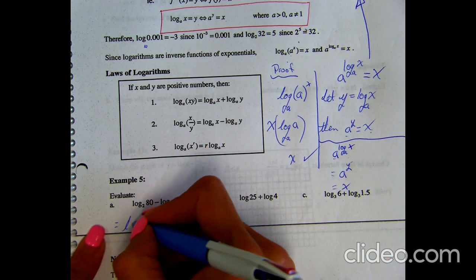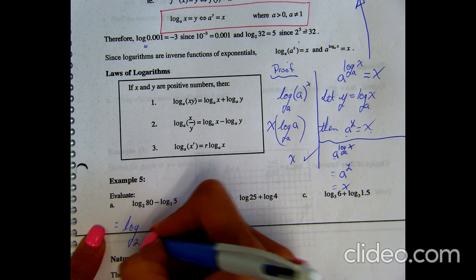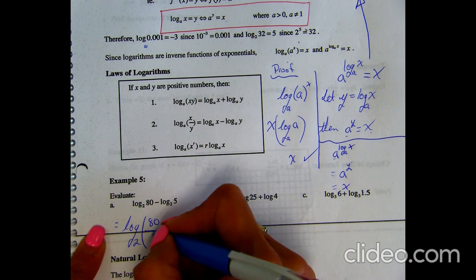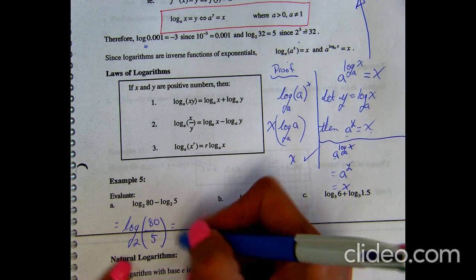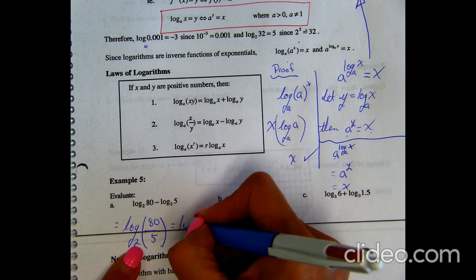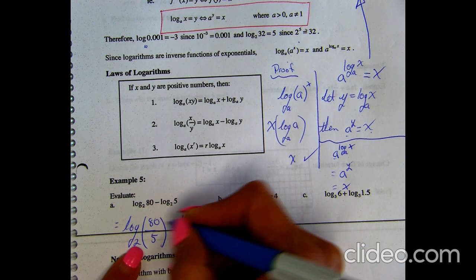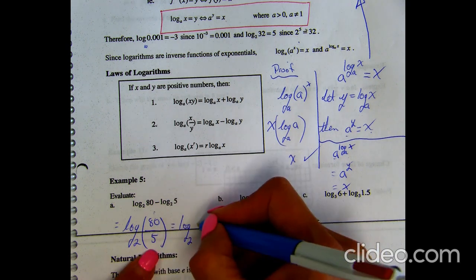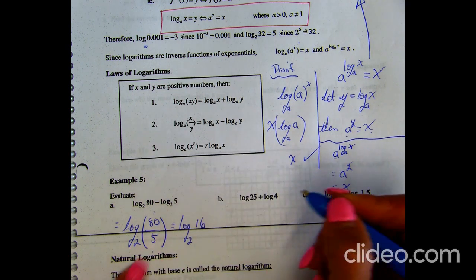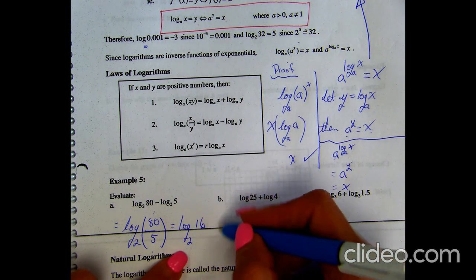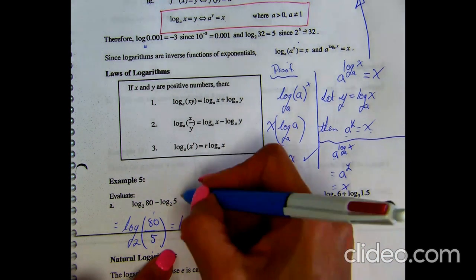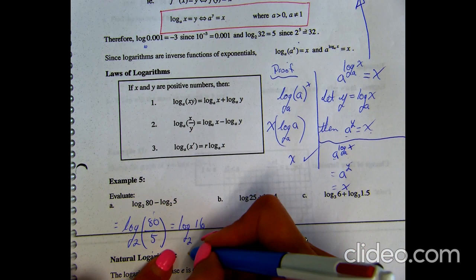This becomes log to the base 2 of 80 over 5. What is 80 divided by 5? 16. Which is just asking you, to what power do you raise 2 in order to get 16? 4.